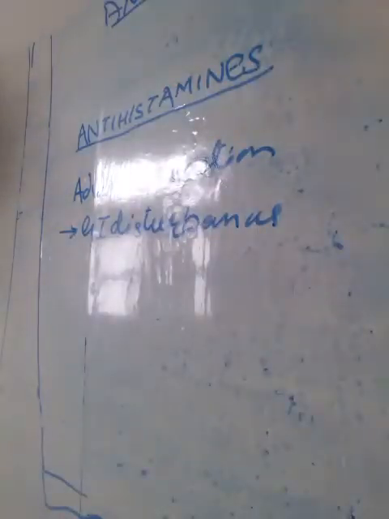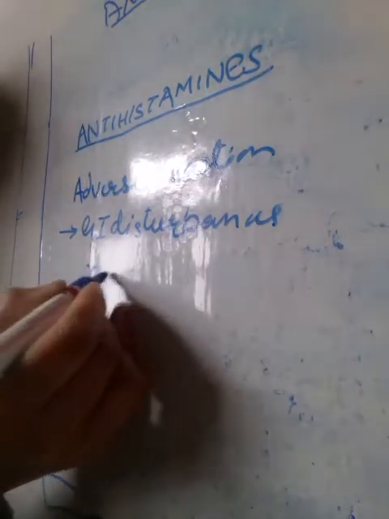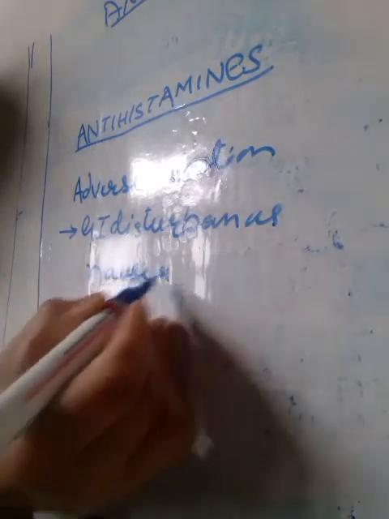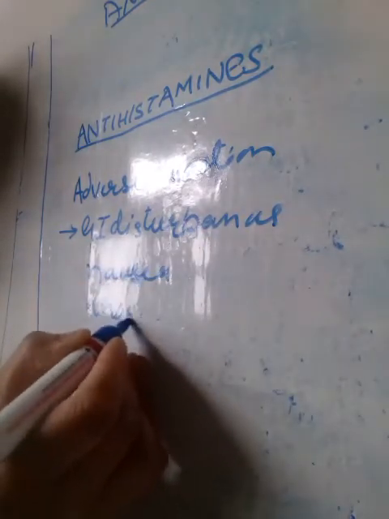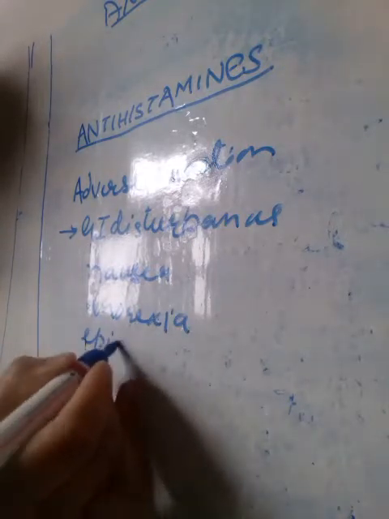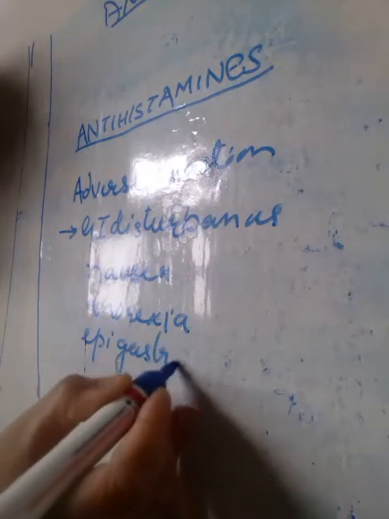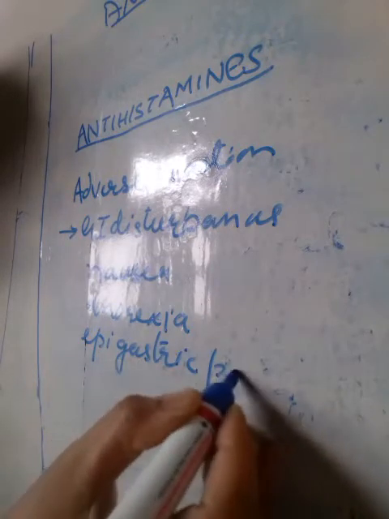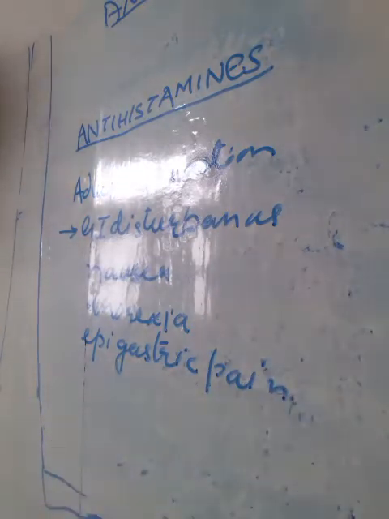In gastrointestinal disturbances, the patient suffers from nausea, anorexia, and epigastric pain. Nausea is the sensation of vomiting, anorexia is the lack of appetite, and epigastric pain is the pain in the stomach.